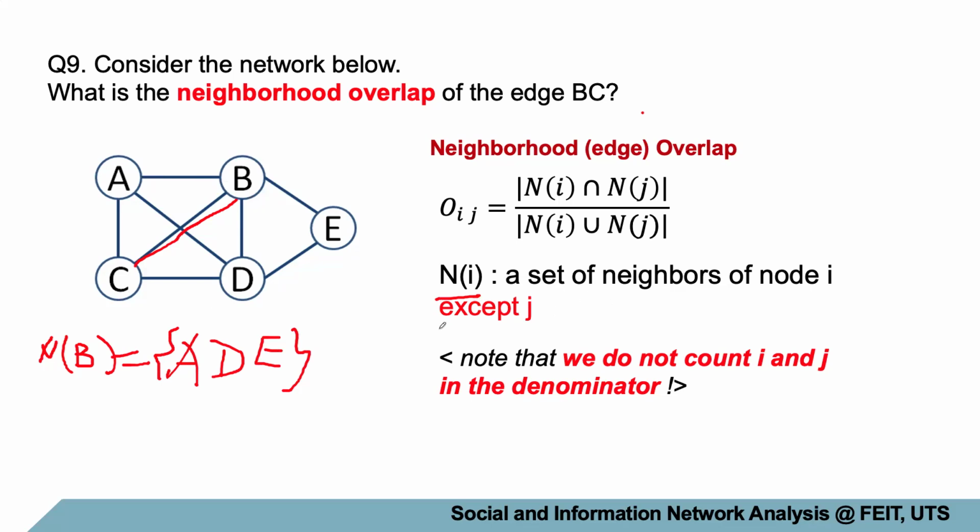This is the definition. So the neighborhood set of C includes A and D. So we have A and D here. The intersection of these two sets would be A and D, right?